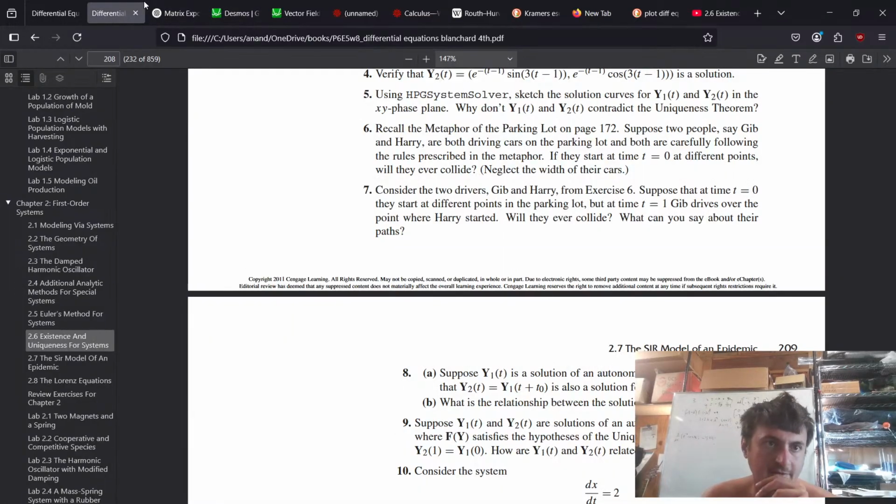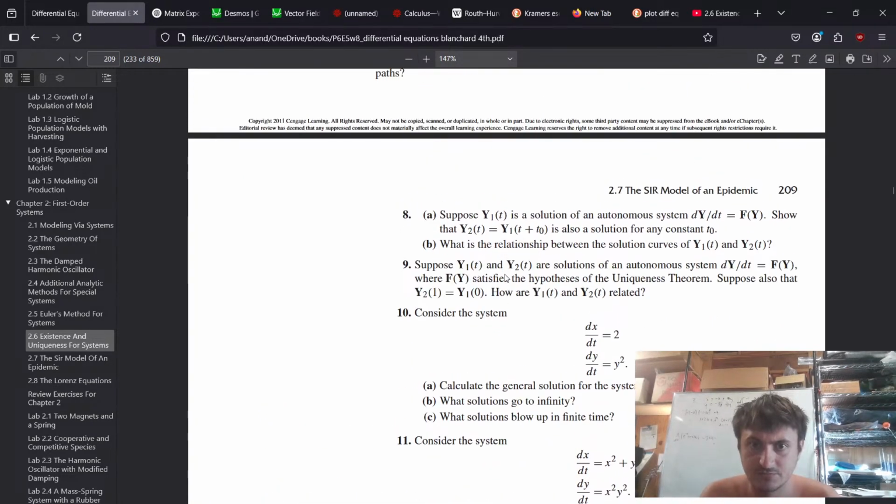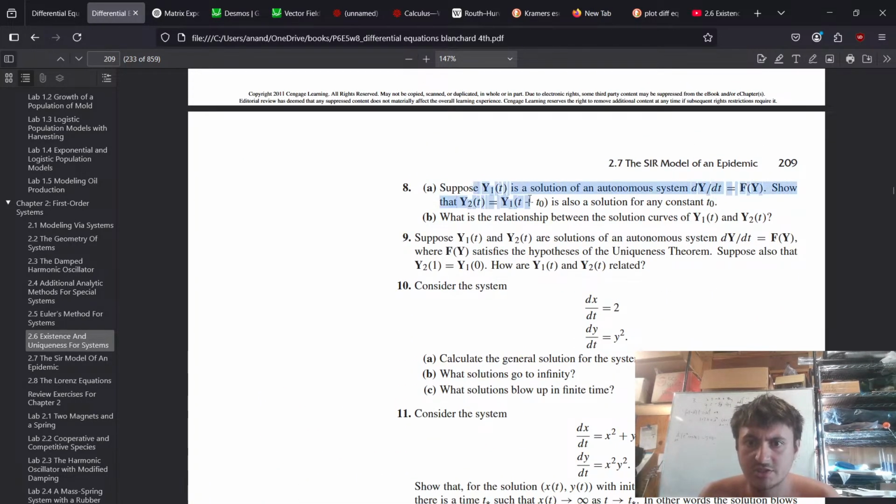Yep. All right. Number 8. Okay, we need to do this one, in 11. Suppose y1 is a solution of an autonomous system.